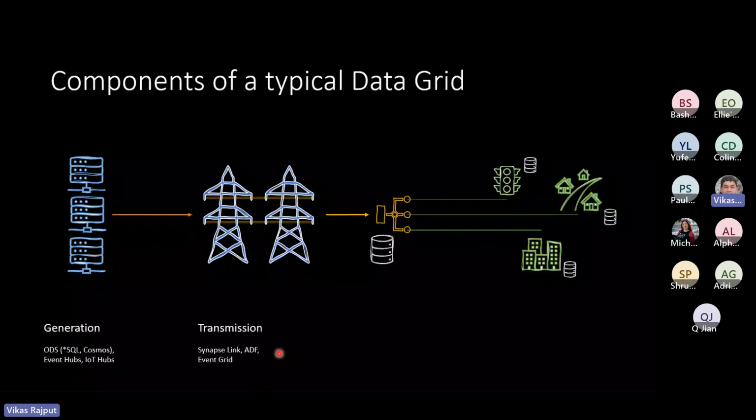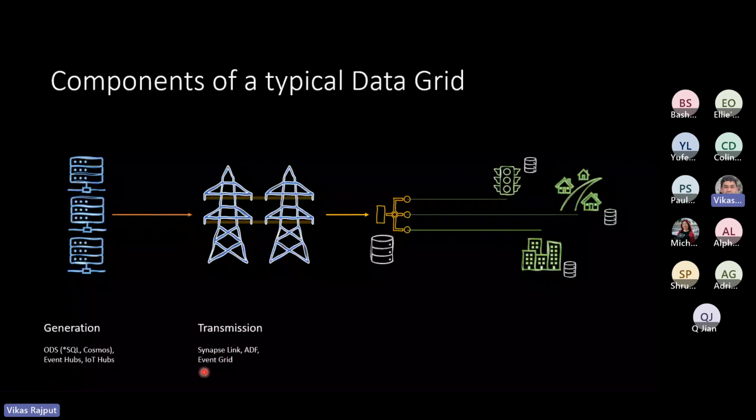Another service which is quite interesting and something that I like a lot is Event Grid. Event Grid is also similar in this. So imagine you have Event Hubs, which are capturing individual data points for events occurring within the applications.